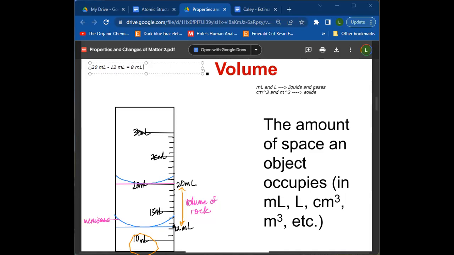But the problem is that the rock is a solid. And solids are supposed to be measured with centimeters cubed or meters cubed, not milliliters. So we would need to know that 1 milliliter is the same thing as 1 centimeter cubed.